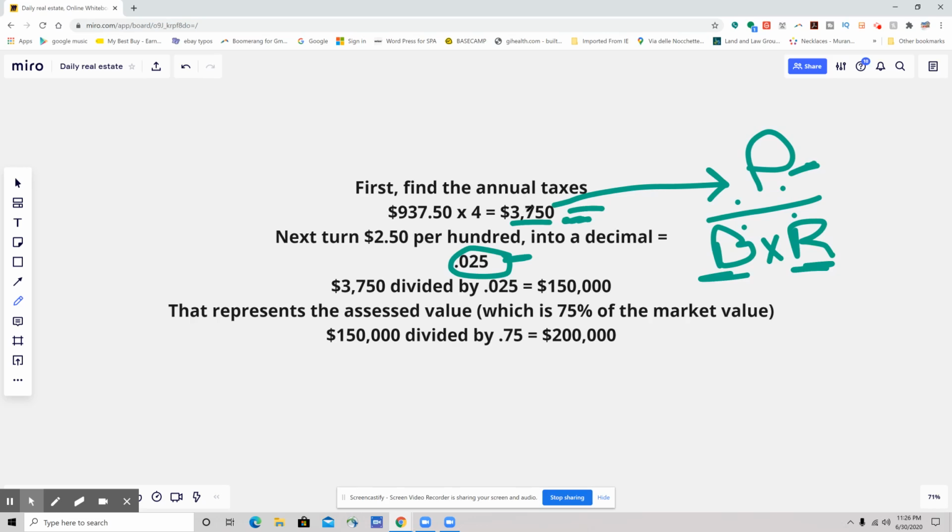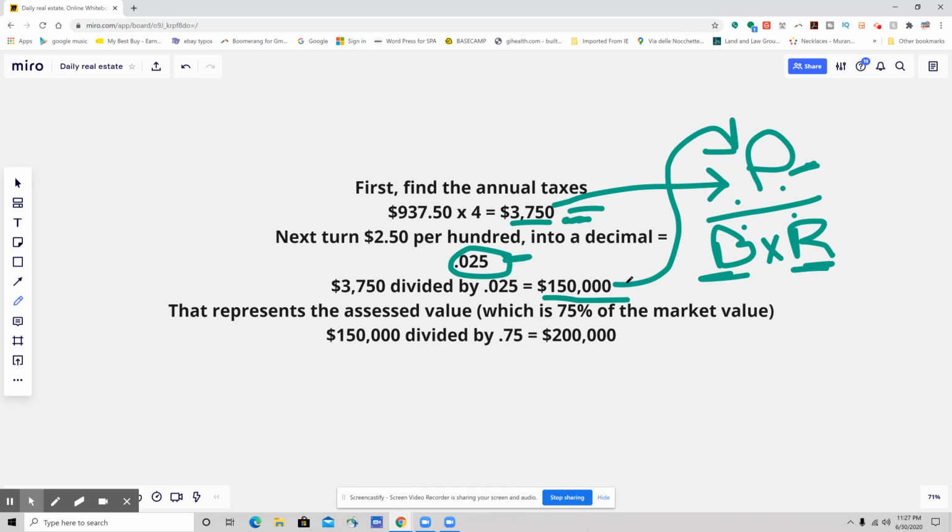So what we're going to do is divide 3750 by 0.025, and we're going to get 150,000. That represents the assessed value, which is 75% of the market value. Going back over here, whatever the market value is times 75% would yield this 150,000.